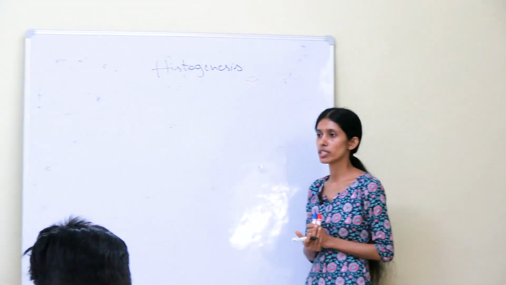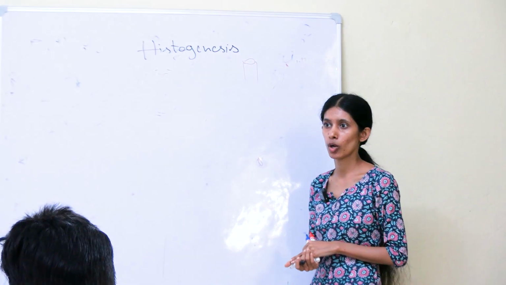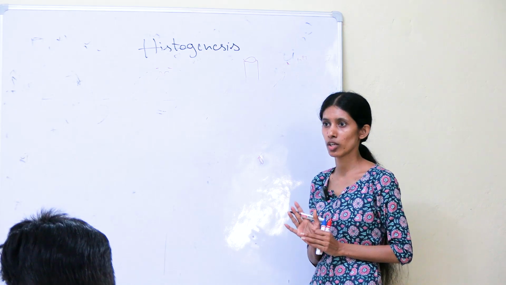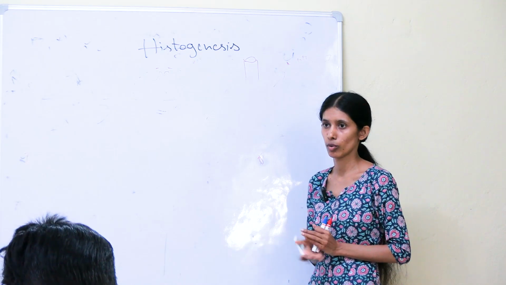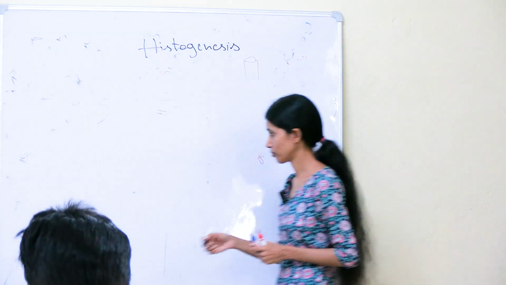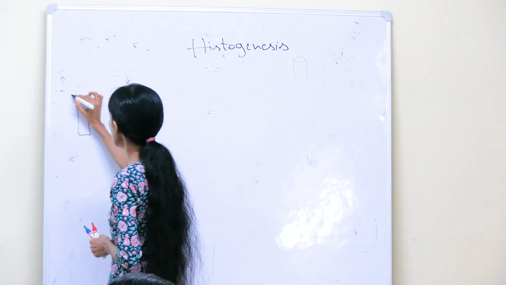What about columns? Anterior column, posterior column and lateral columns? Yes or no? If you have observed it in histology, say yes, otherwise fine. No? Okay. So this is the structure of your neural tube.